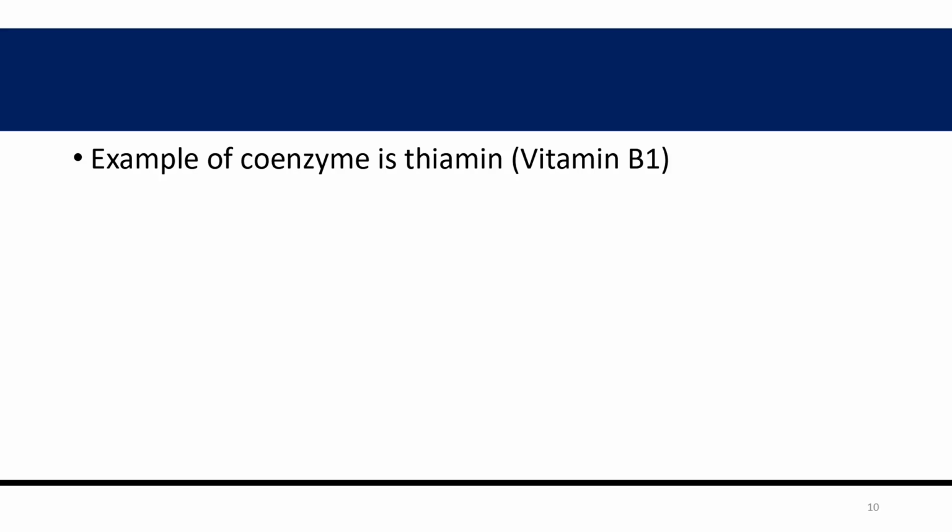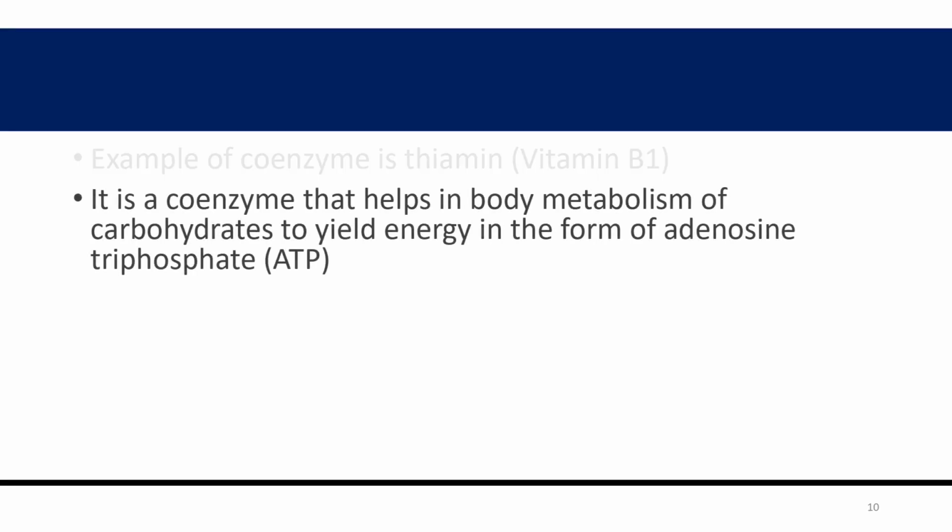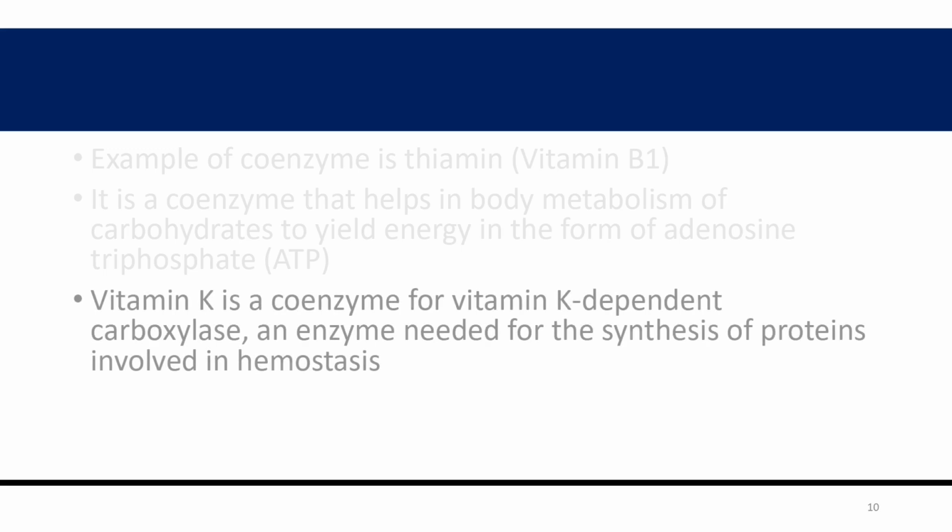So examples of coenzymes are thiamine, which is from vitamin B1. It's a coenzyme that helps in body metabolism of carbohydrates to yield energy in the form of adenosine triphosphate. We're all familiar with ATP. So this coenzyme is important in the formation of ATP.